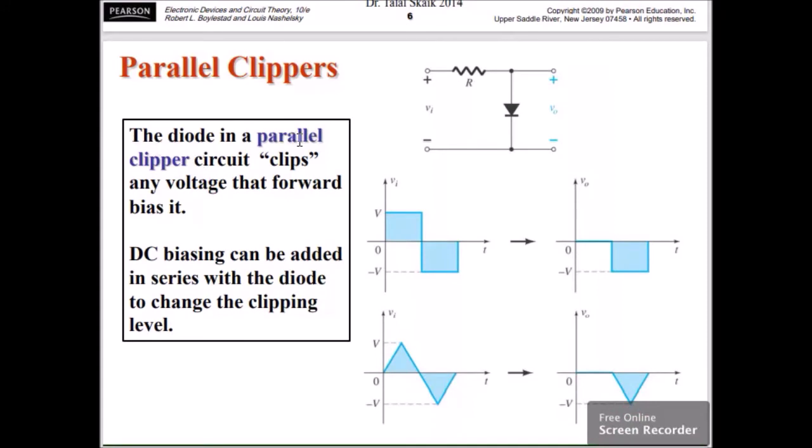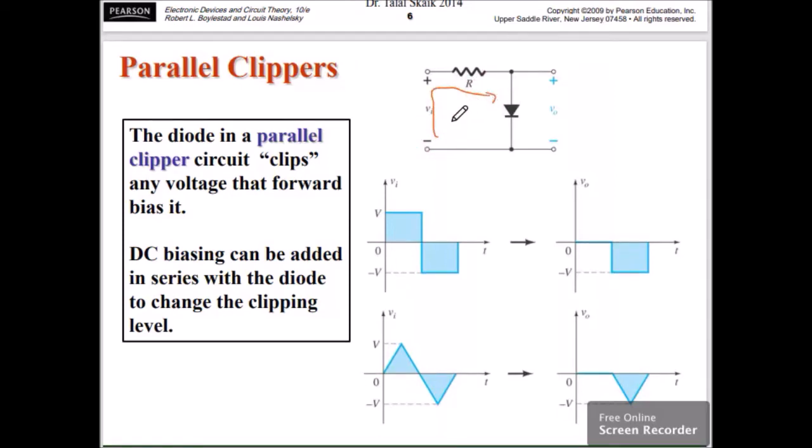The diode in a parallel clipper circuit clips any voltage that forward biases it. Okay? So, what happens in the parallel clipper is that whatever input voltage forward biases the diode, it clips. So, in this case, this is our arrangement of the V and I, and the current caused by this flows like so. Right?